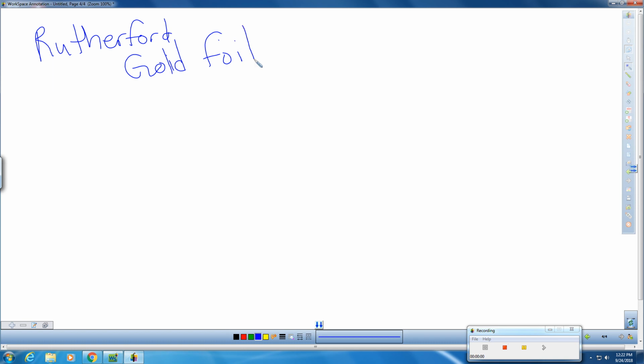Gold foil experiment. Essentially, what Rutherford did was set up this screen around a very, very tiny piece of gold foil. Then he took this machine and shot these positive parts at the gold foil.